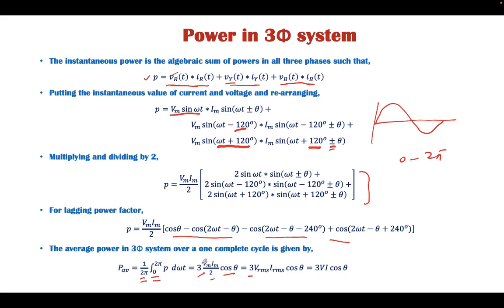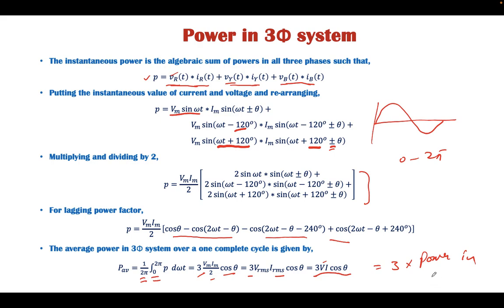Since Vm by root 2 is Vrms and Im by root 2 is Irms, it can simply be written as 3VI cos theta. Here VI cos theta is the power in one phase, so power in three phase will be 3VI cos theta.